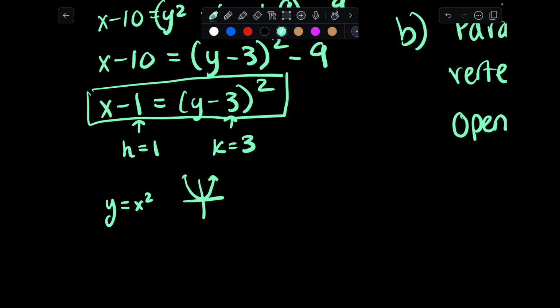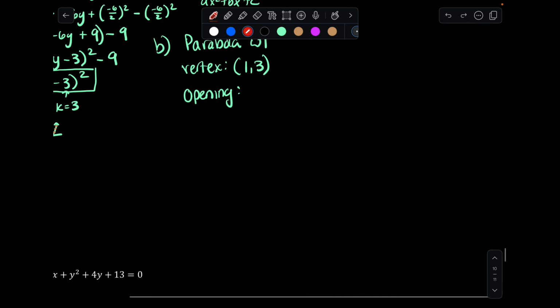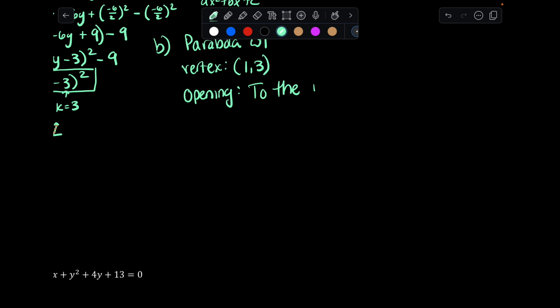That's our parent function. It opens upward. So if you look, it's hugging the positive y-axis, and for each y value, there are 2 x values, hence the squared. So for the one that we are looking at, it's going to hug the positive x-axis. Therefore, each y value will have 2 values for each x. Okay, so it's opening to the right because of the y squared.